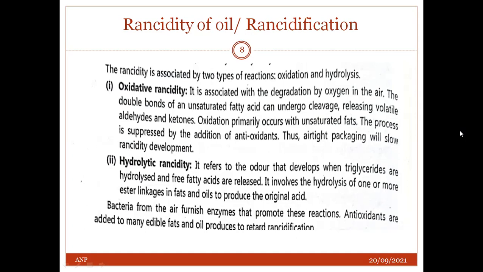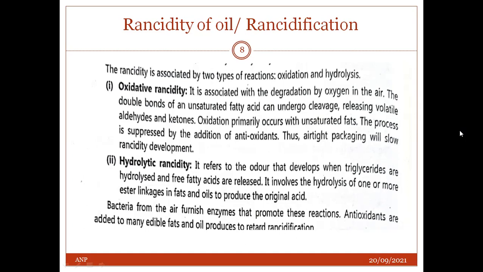Natural antioxidants include ascorbic acid, that is vitamin C, and tocopherol, that is vitamin E. Synthetic antioxidants include BHA and BHT, that is butylated hydroxyanisole and butylated hydroxytoluene.